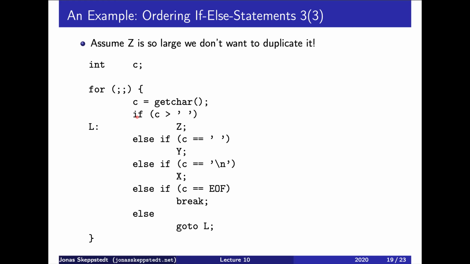We may ask ourselves, can the compiler not do this automatically? Well, in principle it could, but then it needs some extra information about the frequency of different input characters. Suppose it does not know that, and we instead use a compiler flag to collect statistics about the execution and branches, which can then be reused.